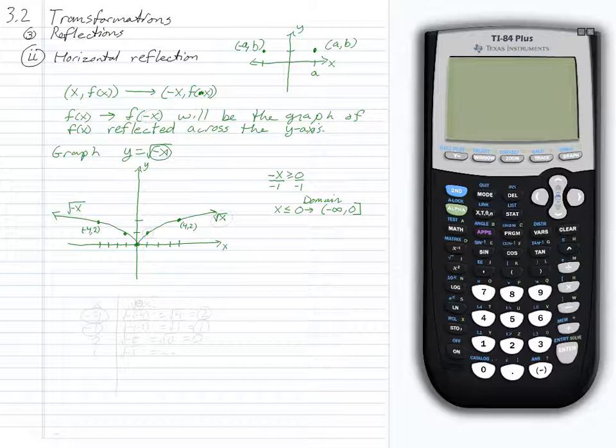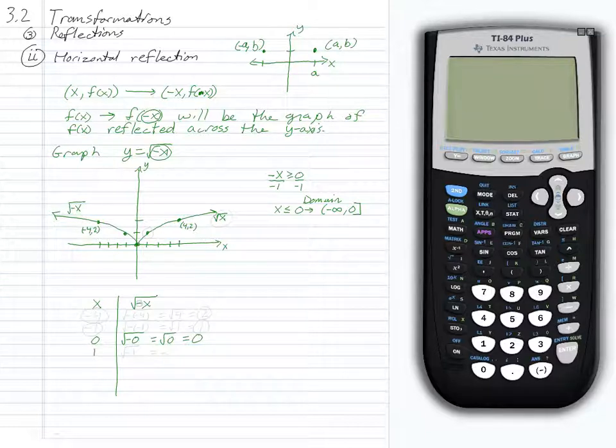Now another way of thinking of the horizontal reflection, the mechanism which causes it, is a negative value attached to the x. In other words, inside of the function, instead of x I have negative x. So what does that do when we come up with a table? Well, if I plug in 0, I'm taking the square root of negative 0, which is the square root of 0, which is 0.